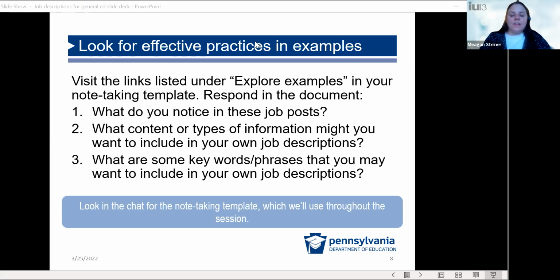Are there any key words or phrases that stood out to you that you think, oh, that's useful, or that's something I might want to include? That's question number 3.